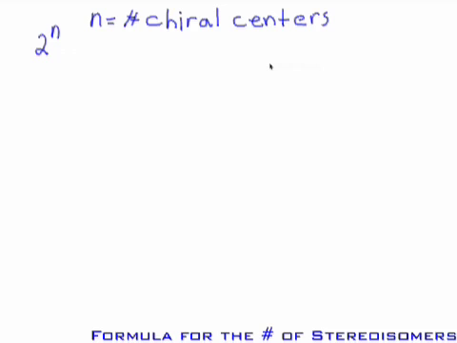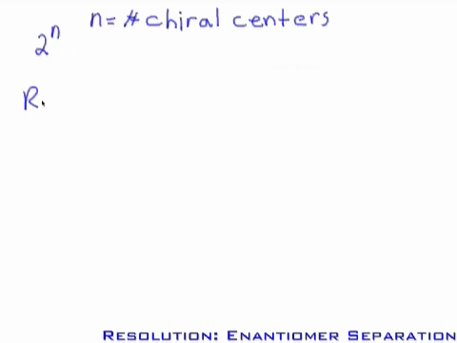We learned that the only way to separate enantiomers was to first convert them to a pair of diastereomers. The separation of a mixture of enantiomers was called resolution. Or sometimes you say, we resolved the enantiomers. How were the enantiomers resolved?